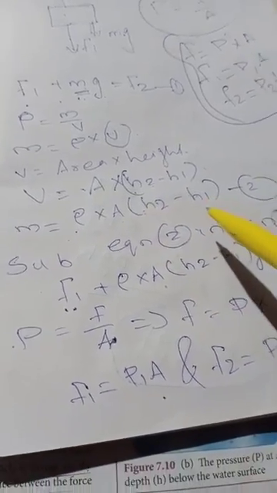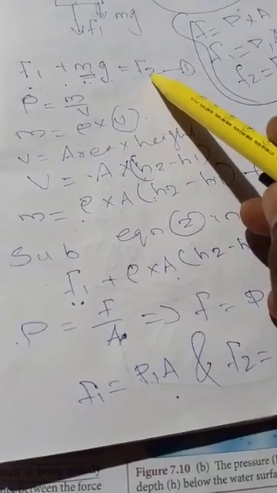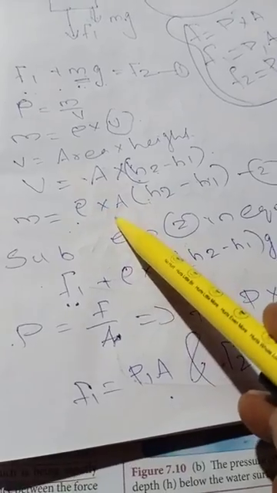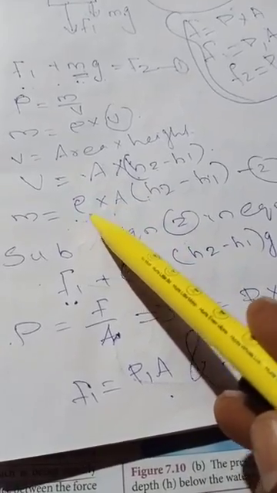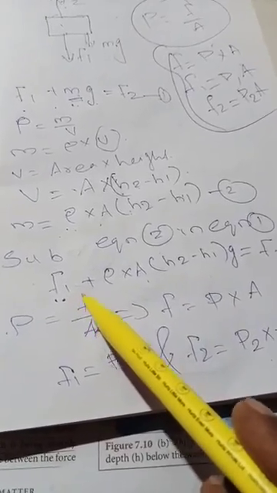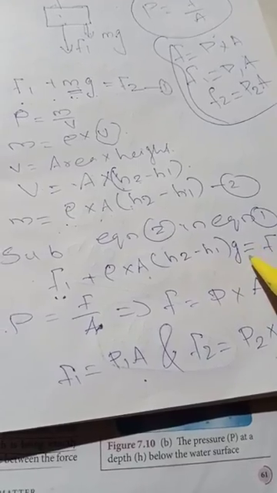Now substitute this equation 2 into equation 1. Instead of M, substitute this value. So we will get an equation like this: F1 plus rho into A into (H2 minus H1) into g equal to F2.